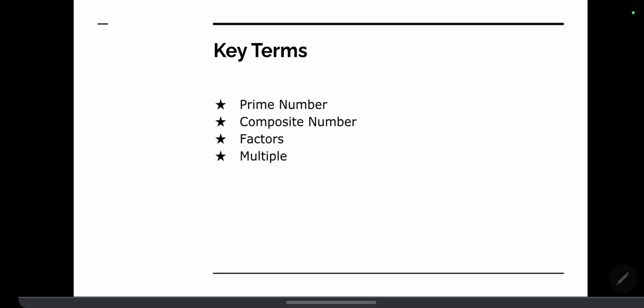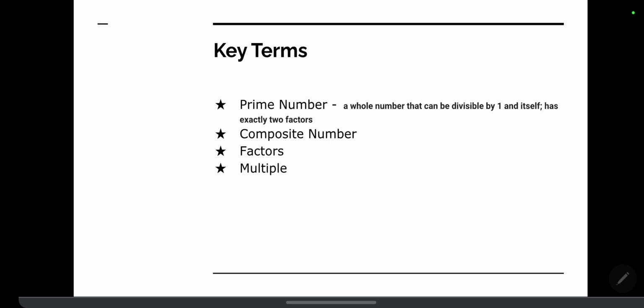So the key terms that we're going to talk about today are prime numbers, composite numbers, factors, and multiples. So what are we talking about here? Well, our first definition, a prime number. A prime number is a whole number that can be divisible by 1 and itself.